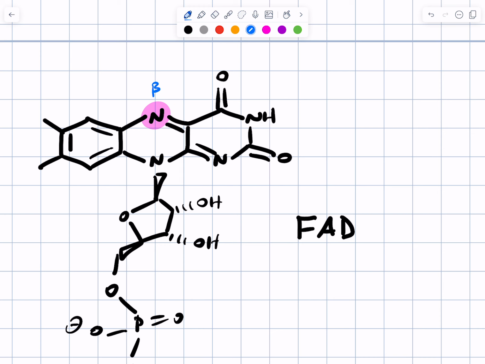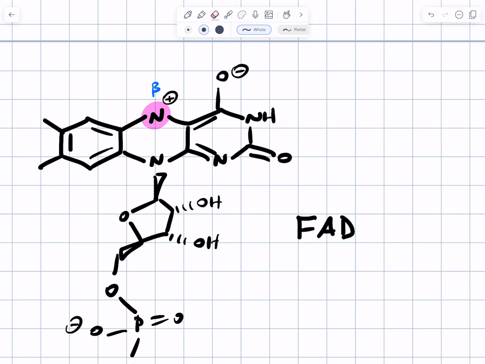We learned before that alpha beta unsaturated carbonyl compounds are electrophilic at the beta carbon. And one reason for that is we can draw a resonance structure with a negative charge on the carbonyl oxygen and a positive charge on the atom at the beta position. So that nitrogen is electron poor.